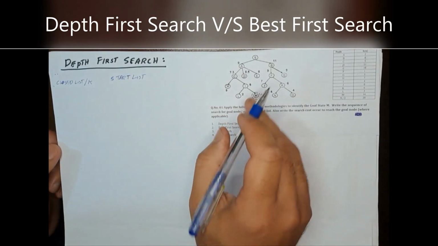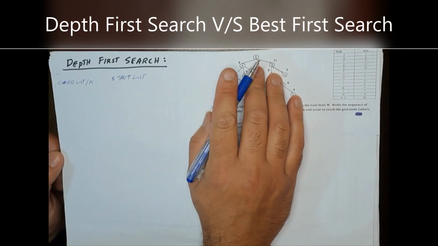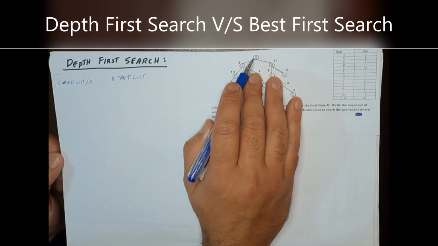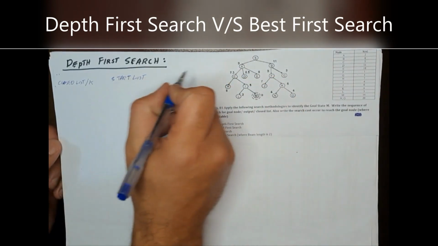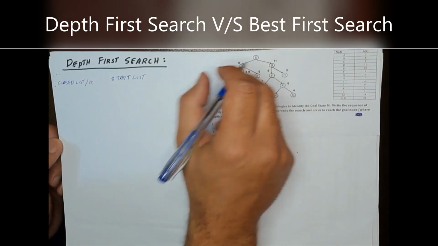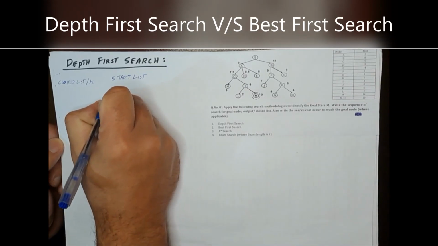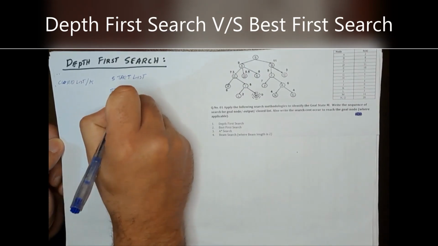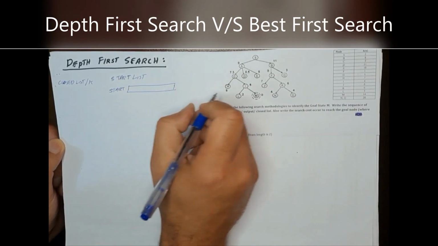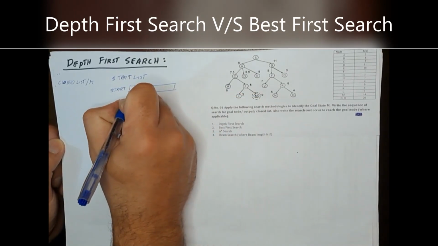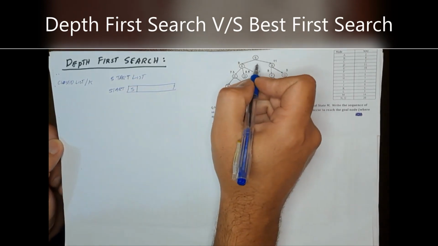Okay, now first of all we start with the start state or the first state, that is s in our case here. We put this node here in our start list. So the start list will become s, with the existence of the first node.